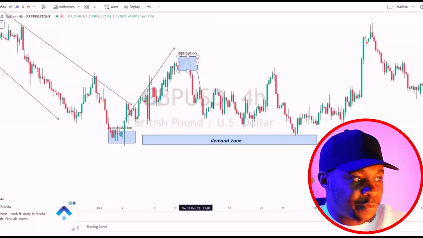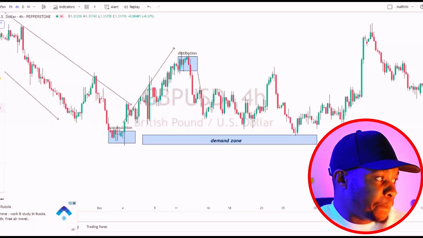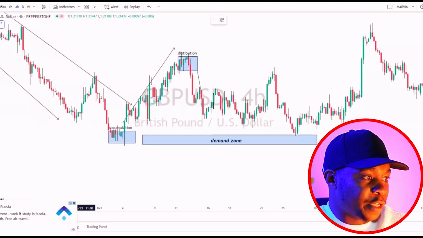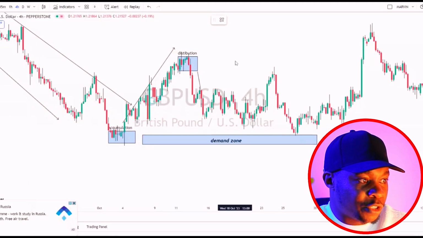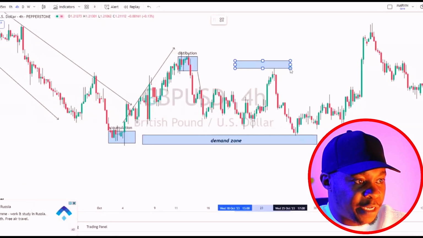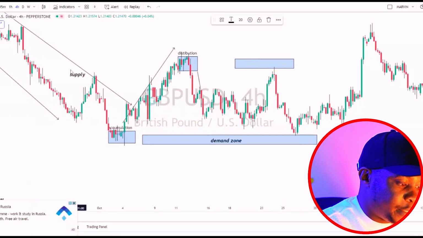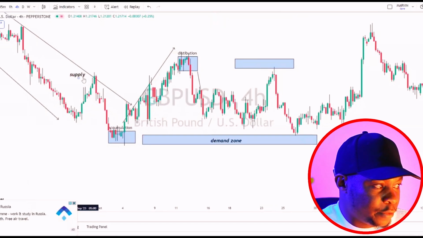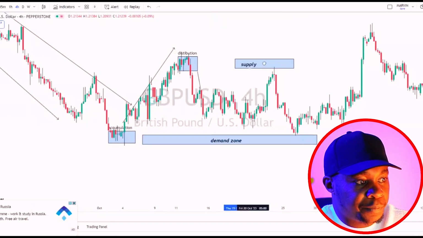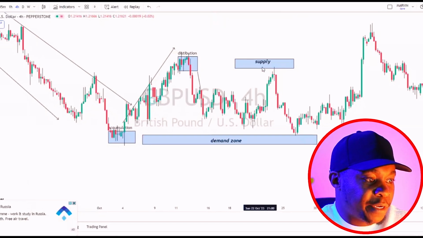So at this point, we have two main psychological zones that will give you a trade. The distribution, where the entire zone will be named the supply zone. So you have the supply and you have the demand.